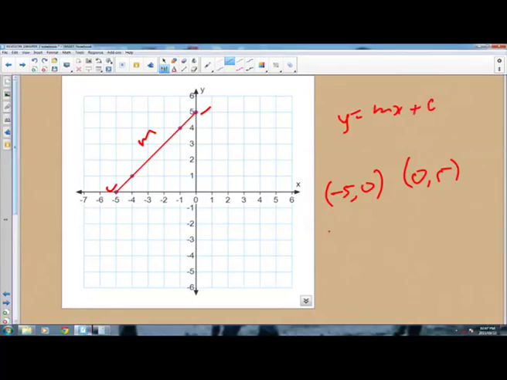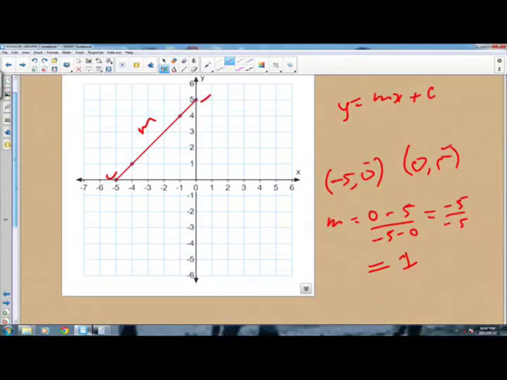So the gradient here will be 0 minus 5 divided by minus 5 minus 0, and then we get minus 5 divided by -5. The gradient gives 1, because a negative number divided by a negative number is positive.